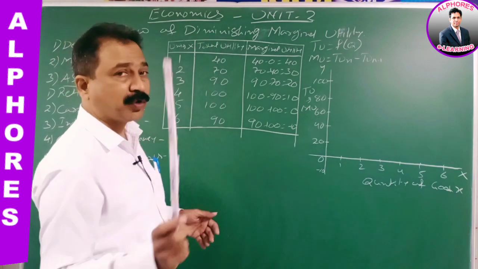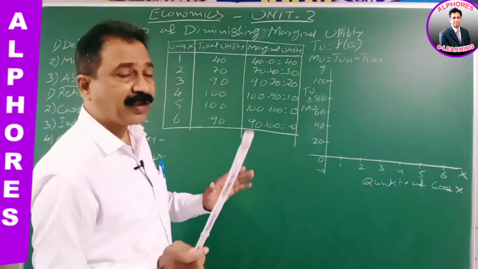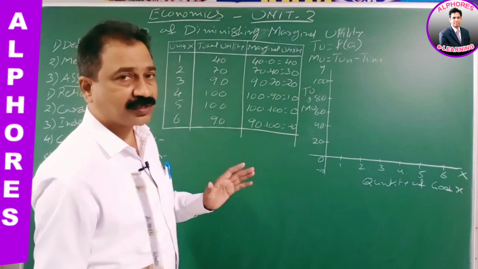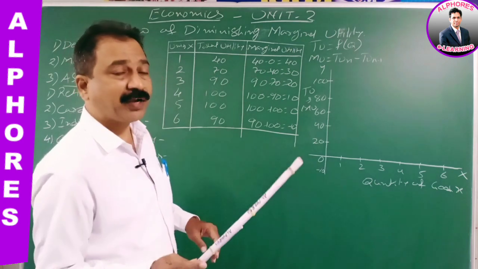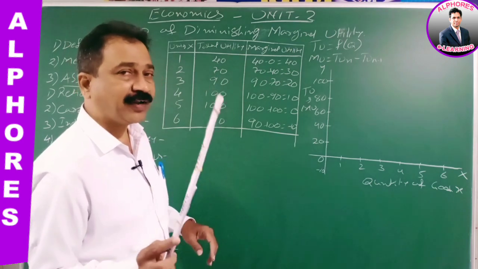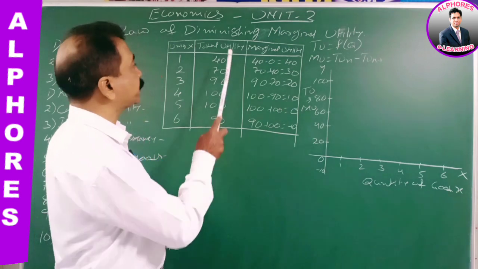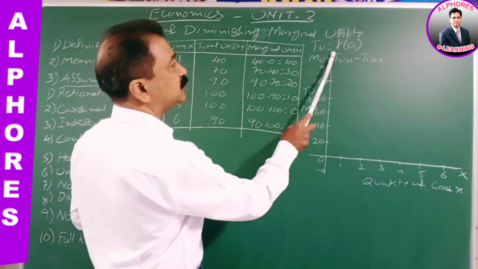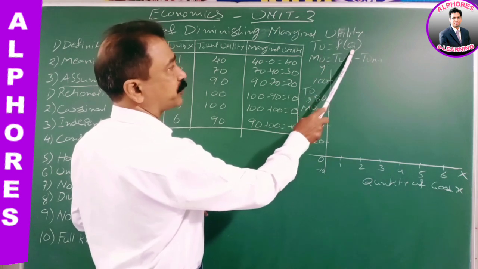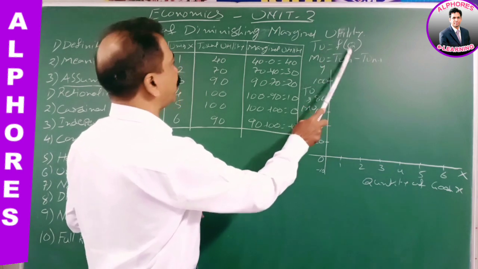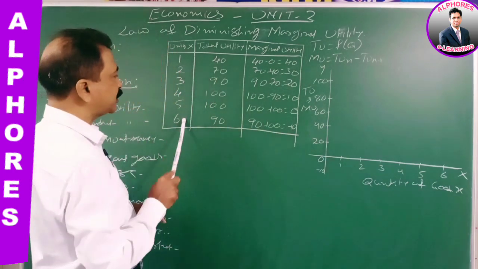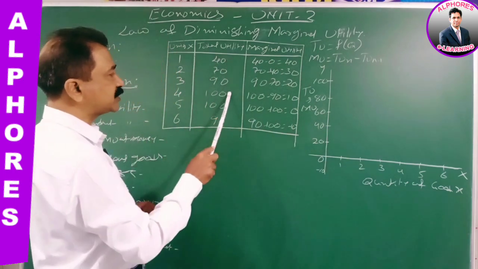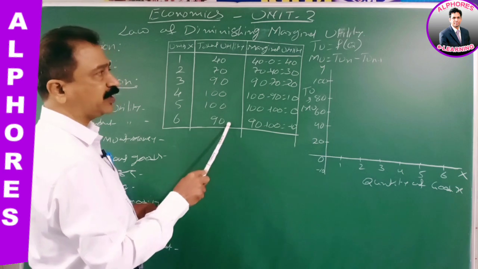This is being proposed by whom? Actually devised by H.H. Gossen, but developed and explained by whom? Alfred Marshall. According to him, total utility depends on the quantity: TUx = f(Qx). Total utility always depends on the quantity. As the quantity increases, total utility increases, becomes constant and even decreases.